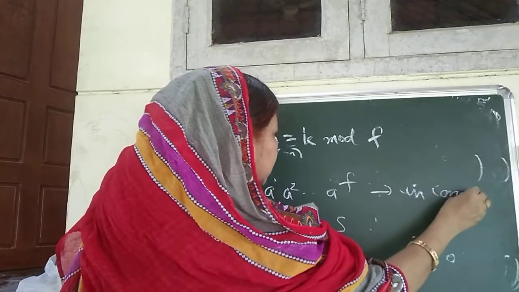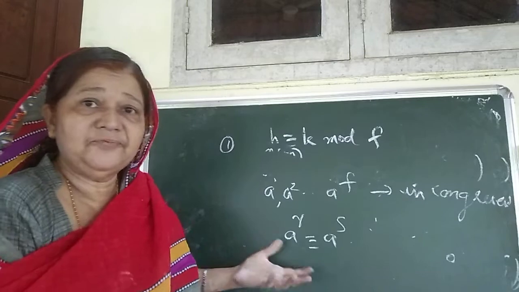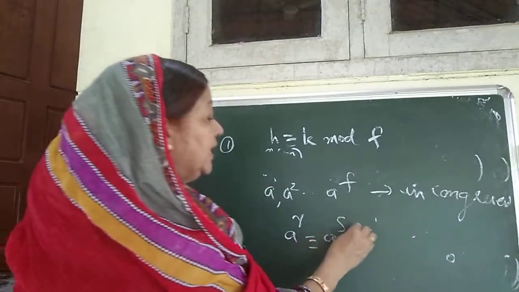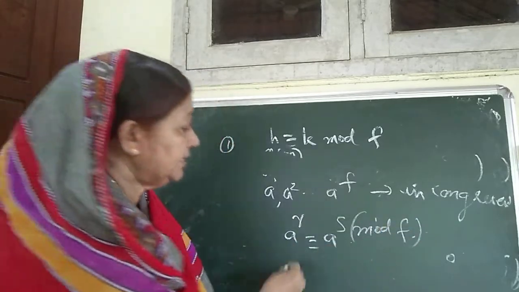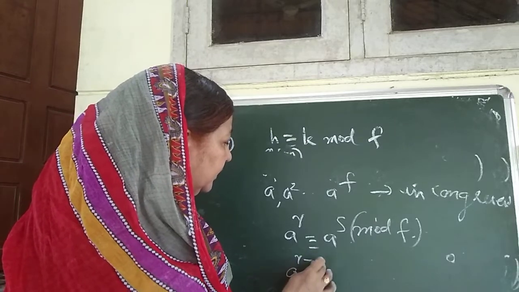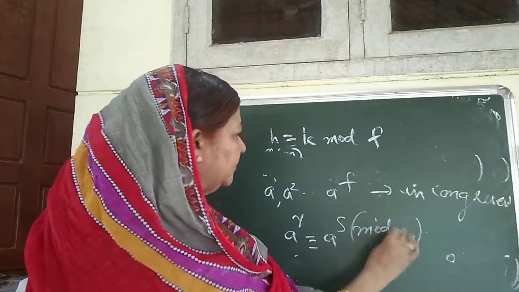The third property is they are all incongruent. For if not, some of them are congruent, let a raised to r be congruent to a raised to s modulo m.